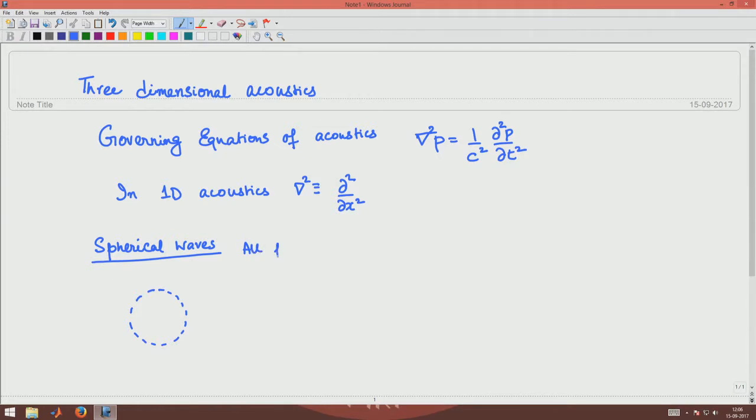Exactly the same way for spherical waves, all points on a spherical surface have identical acoustic pressure, acoustic velocity, and everything related to acoustics is same at these points.